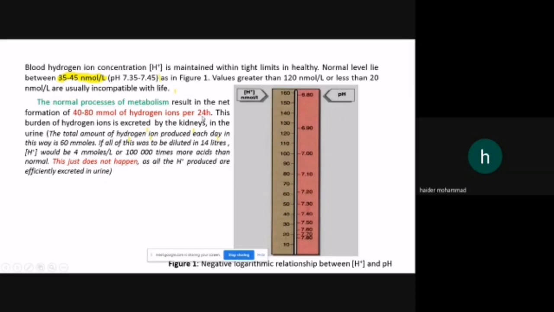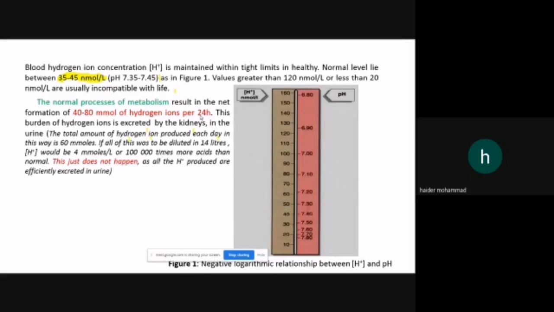Daily, normal processes of metabolism produce 40 to 80 millimole of hydrogen ion per day. This is the normal production.